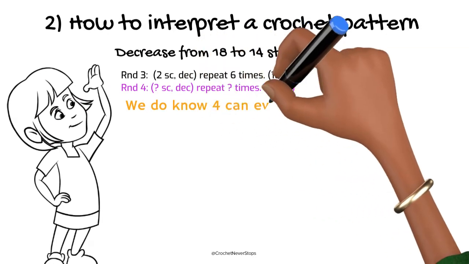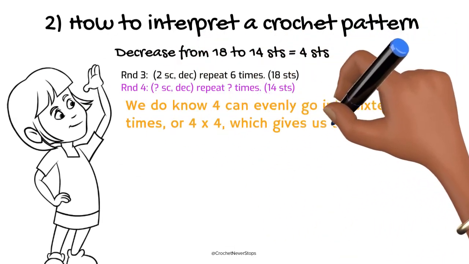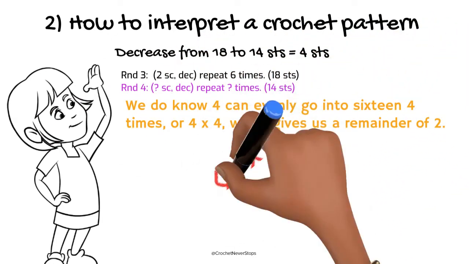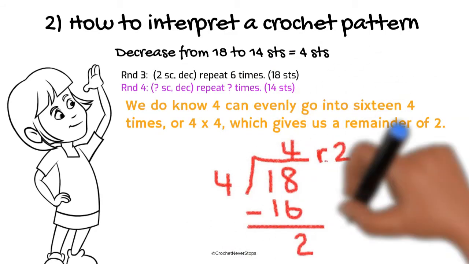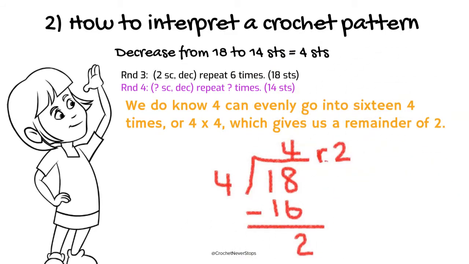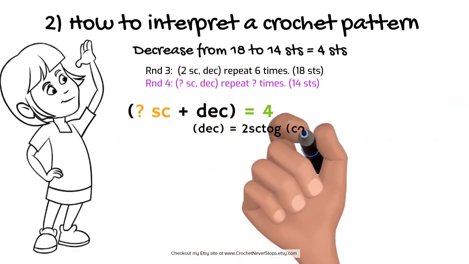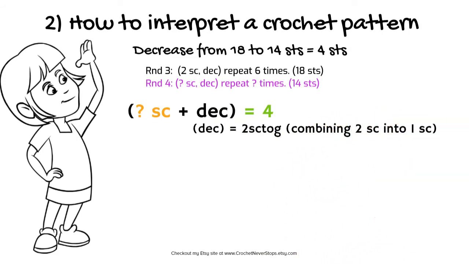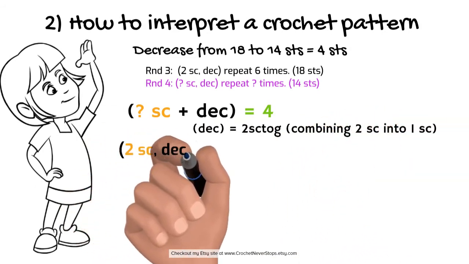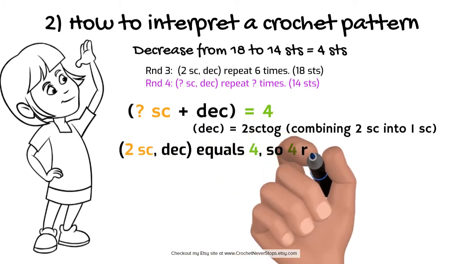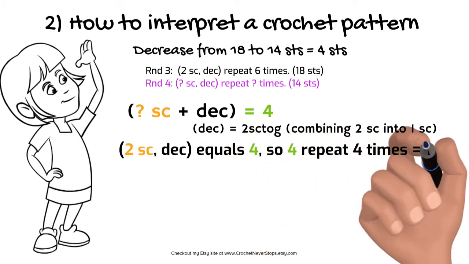What we do know is 4 can evenly go into 16 4 times, or 4 times 4, which gives us a remainder of 2. X plus decrease equals 4. And remember, decrease is the combining of 2 single crochets into 1 single crochet. Therefore, 2 single crochet plus decrease equals 4.